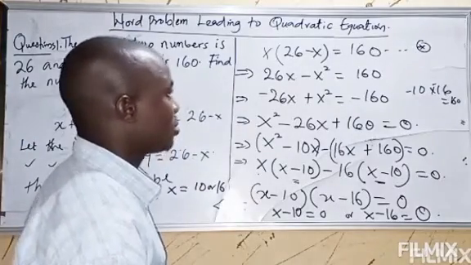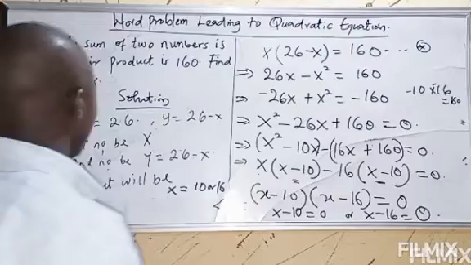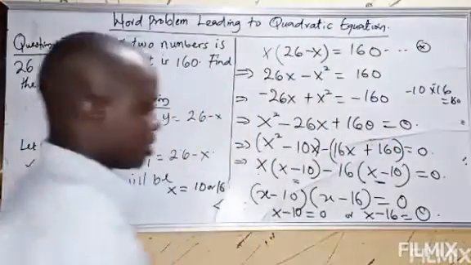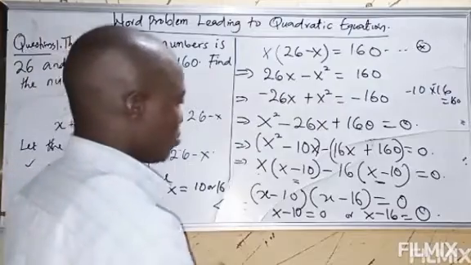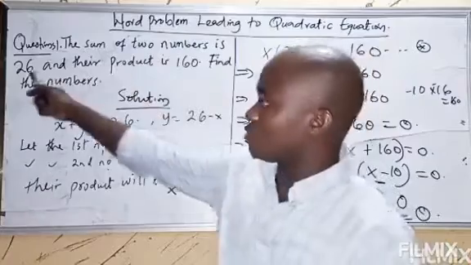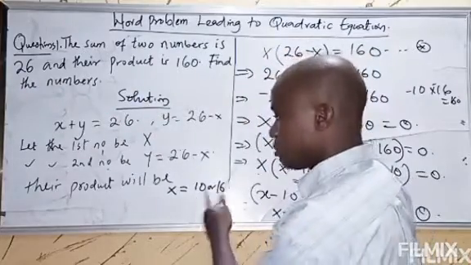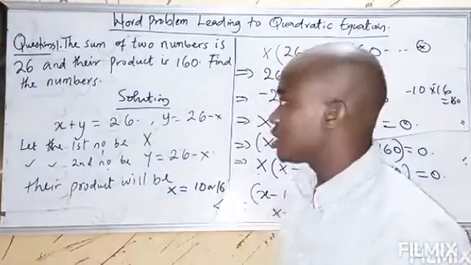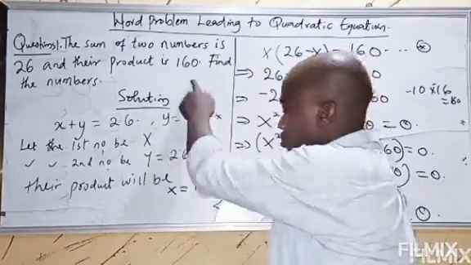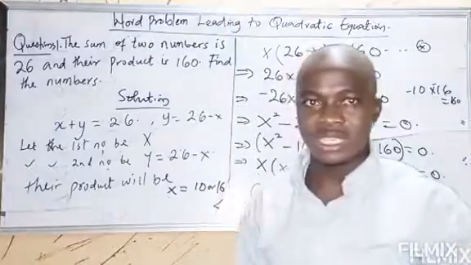Are you getting it now? So now those are the two values of x. That's when we had them together. We have 26, that is 10 plus 16, and their product, when you multiply them, we have 160. So that is that about.